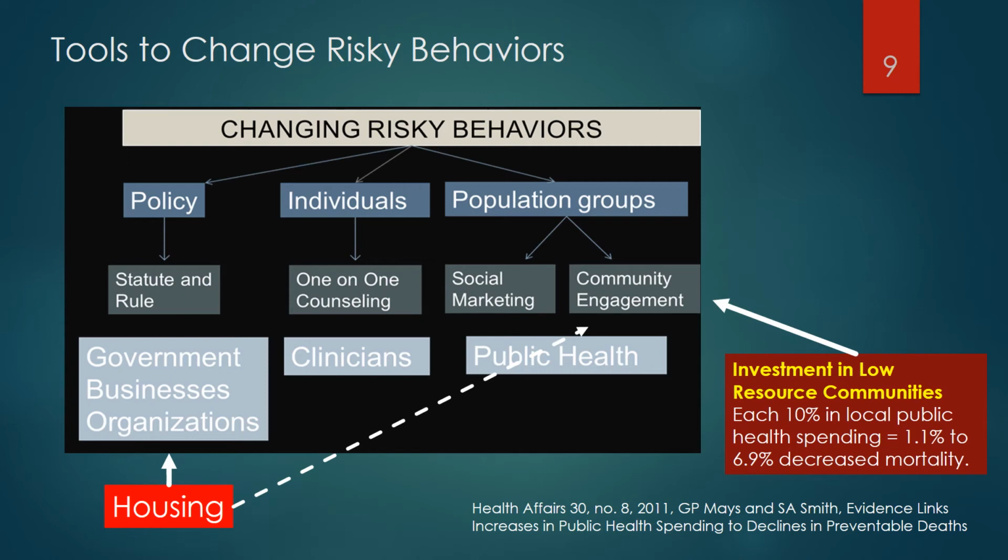Increased investments, especially in low-resource communities, has been associated with decreased mortality from preventable causes of death, including those associated with infant mortality rates and deaths due to cardiovascular disease, diabetes, and cancer. For each 10% increase in local public health spending, including that for housing, mortality rates fell between 1.1 and 6.9%.